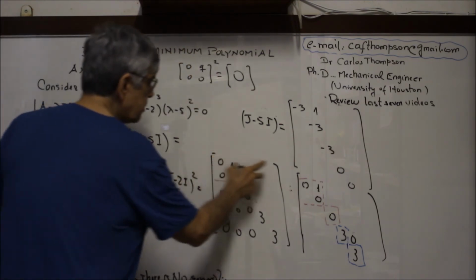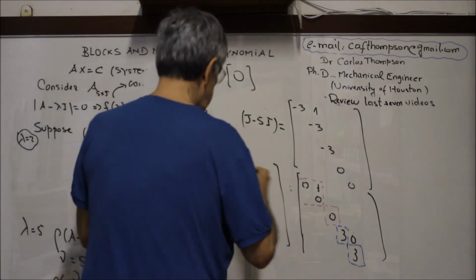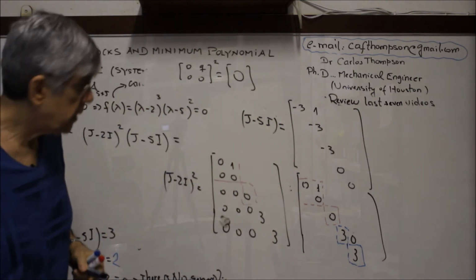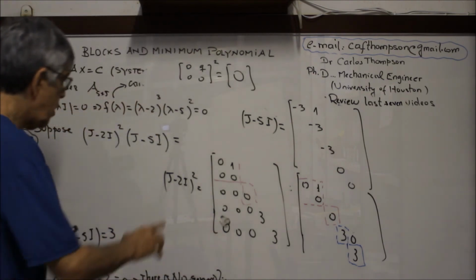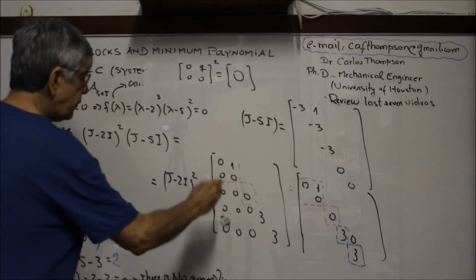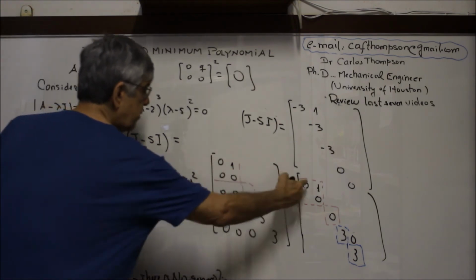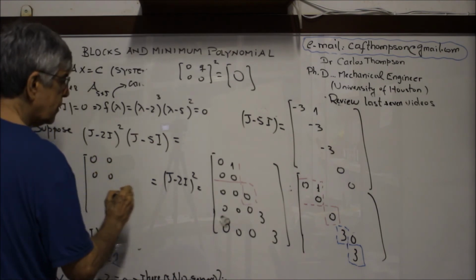Now, when I multiply these blocks, I will get, let's put it right here, this times this will be 0, 0, 0, 0.